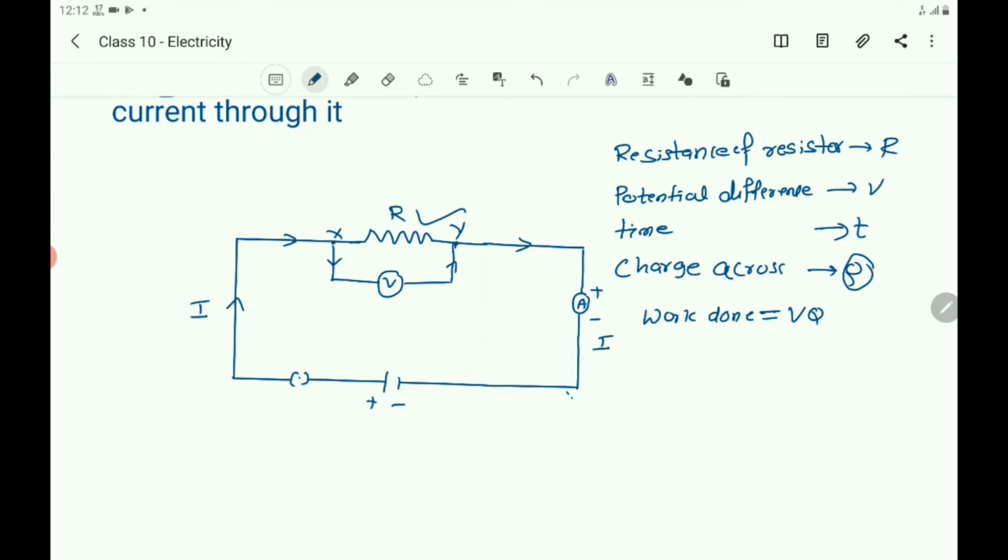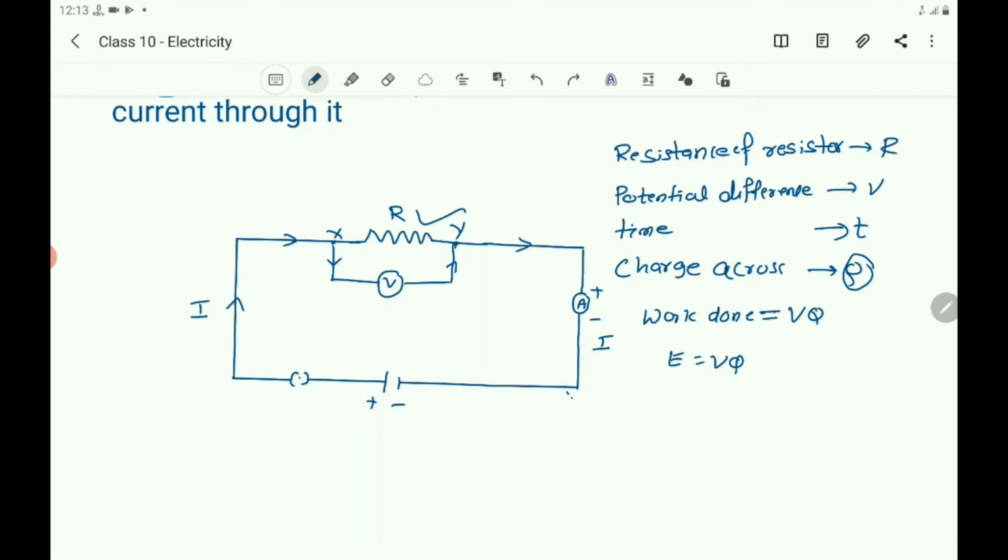The source must supply energy equal to VQ. That energy E is also equal to VQ, because energy supplied is equal to work done.